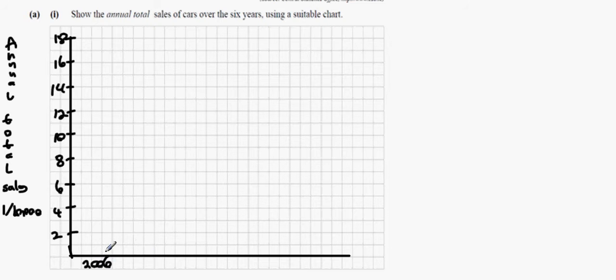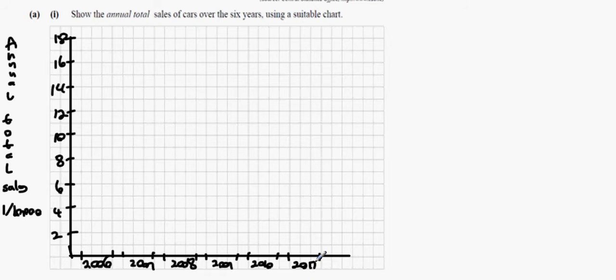Let's give each one a gap of about 3 bars. That's the 2006 total. Then we put in a gap here. This one can be the 2007 total, worth another 3 bars. Give it another gap. 2008 total. 2009 total can go here. Give it another gap. 2010 total can go here. And then finally the 2011 total can go here.